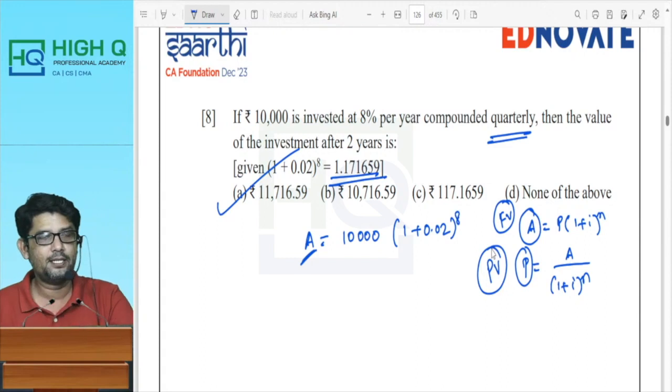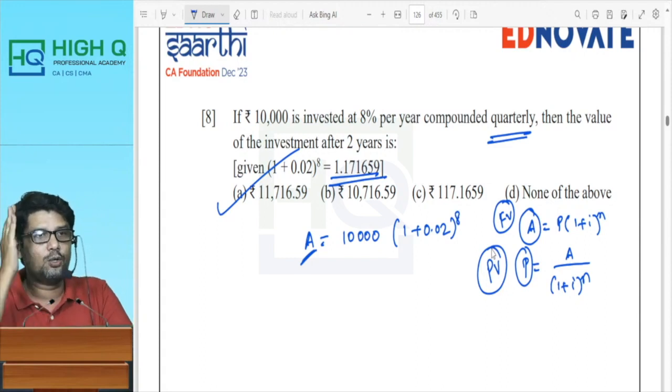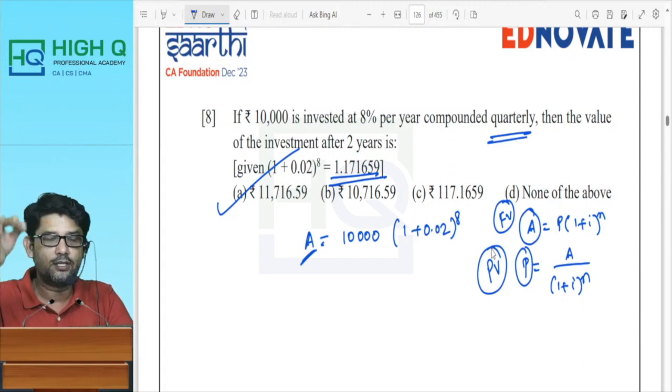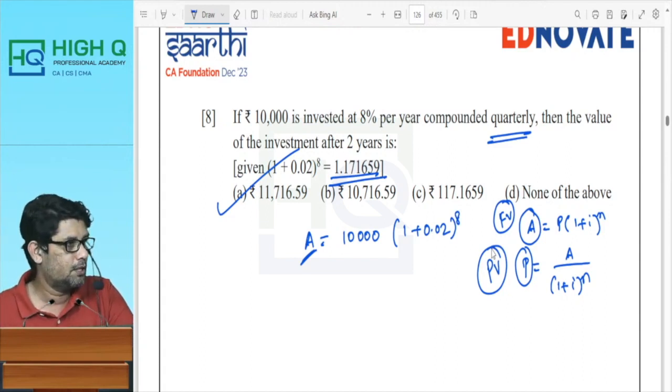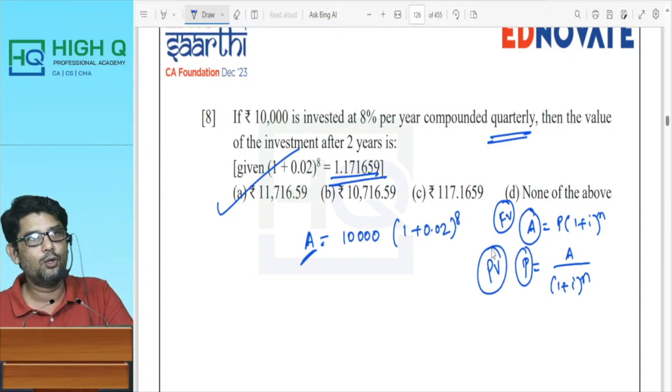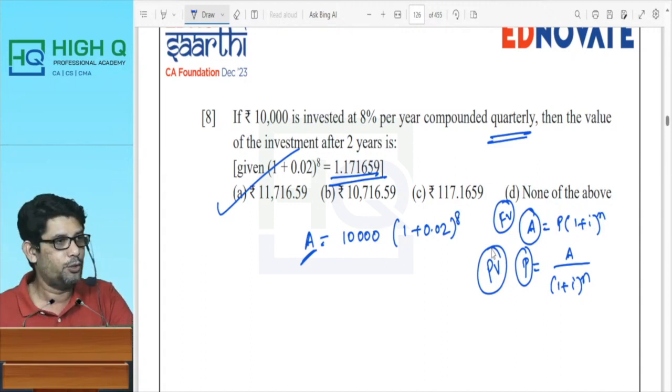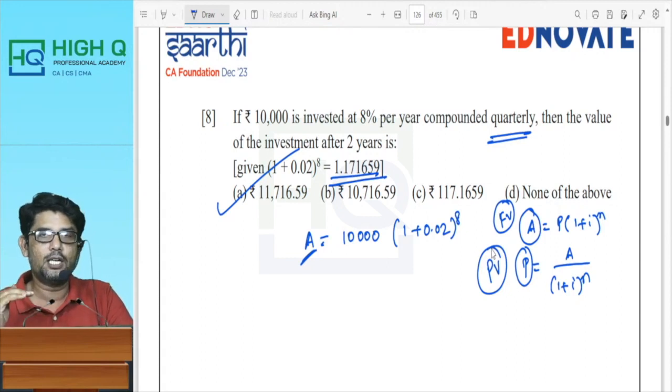This habit is definitely not good for any competitive exam, especially CA Foundation exams. Please, my dear, you have to grow up. This is my personal advice to you all. It is not about your understanding or not understanding. It is about practice. Is that clear?